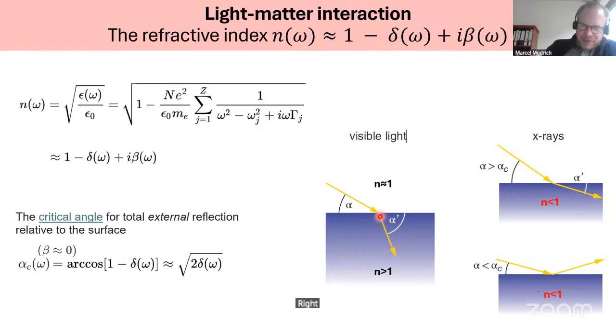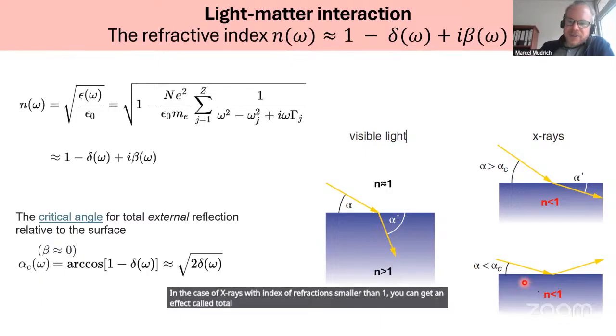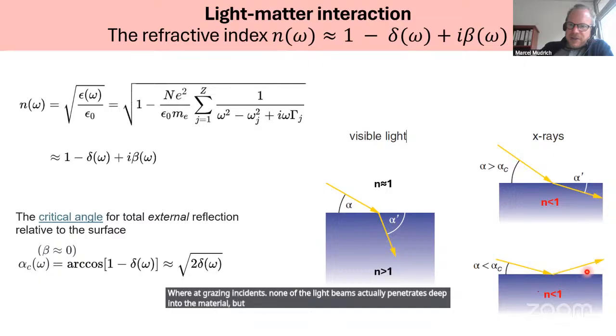This I'm sure you're familiar with. In the case of X-rays with index of refraction smaller than 1, you can get an effect called total external reflection, which would be a case like shown here on the bottom right, where at grazing incidence, none of the light beam actually penetrates deep into the material, but it gets completely, fully reflected.